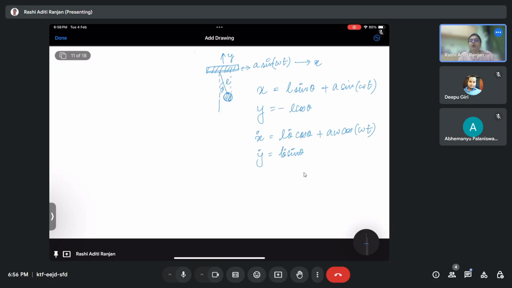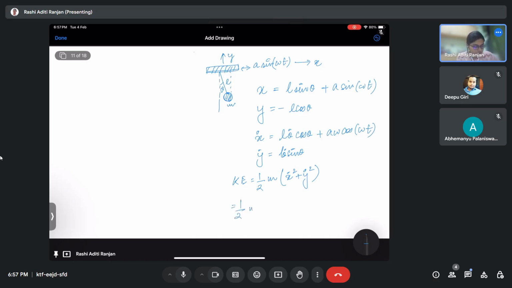Now if I want to find the total kinetic energy, I can write the kinetic energy as half m, of mass m, x dot square plus y dot square. Correct? I hope there is no problem in this.